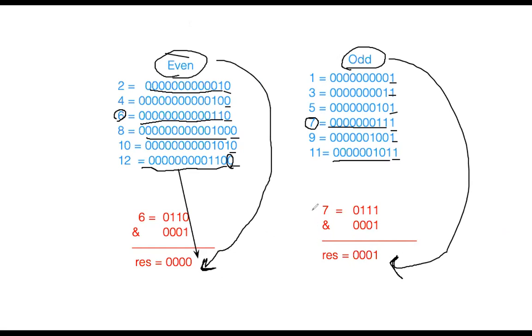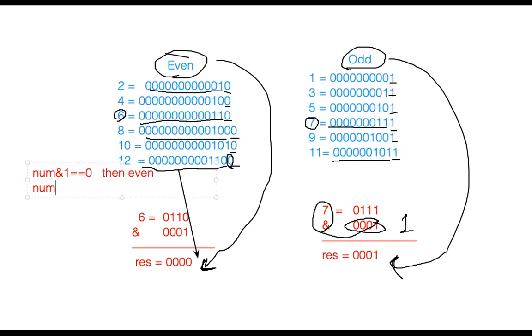And what is my operation? Your num AND with this 0 0 0 1. And what is 0 0 0 1? It is decimal 1. Okay, so my formula becomes num AND with 1 equal to 0, then even.